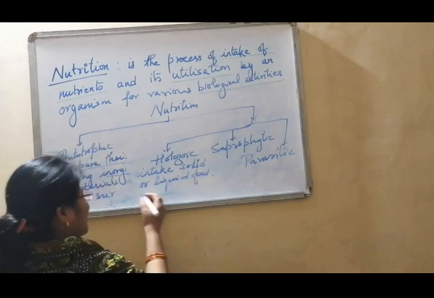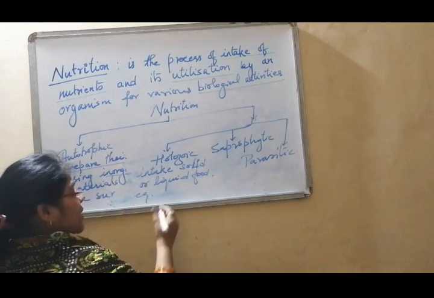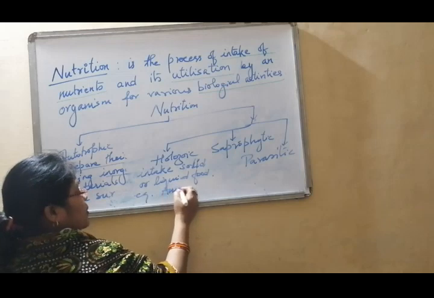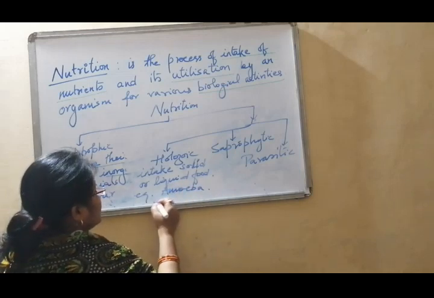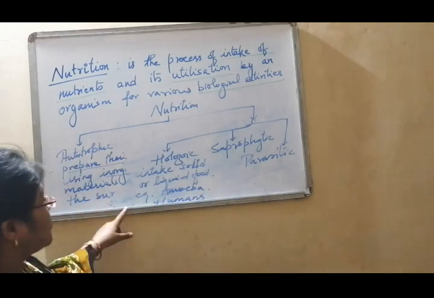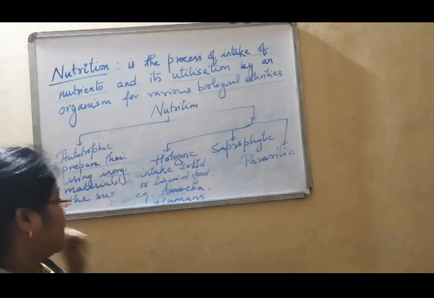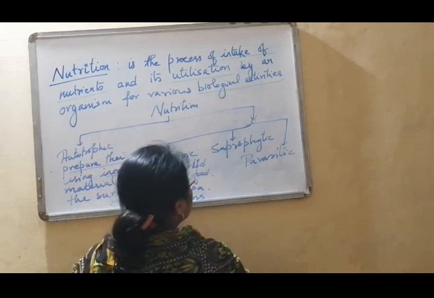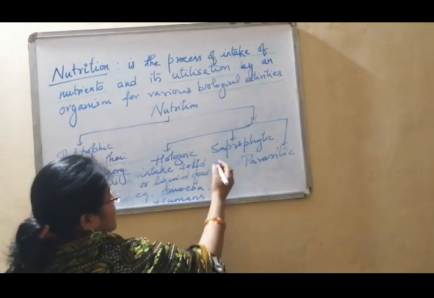Various organisms come under this category, like amoeba, humans, various other organisms. They are Holozoic. Now, who are the saprotrophs?